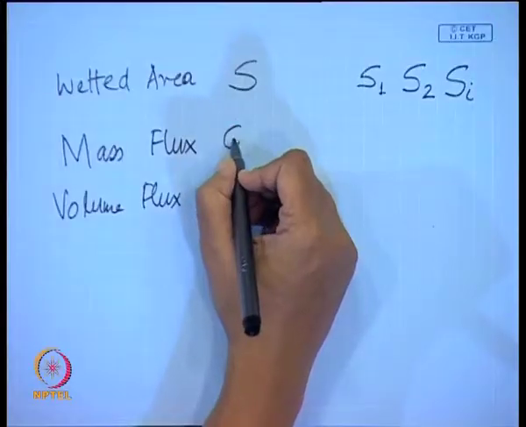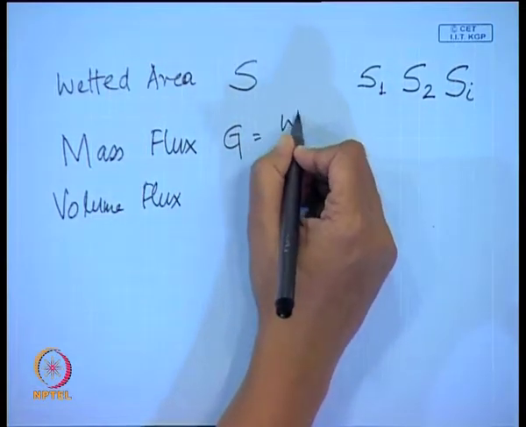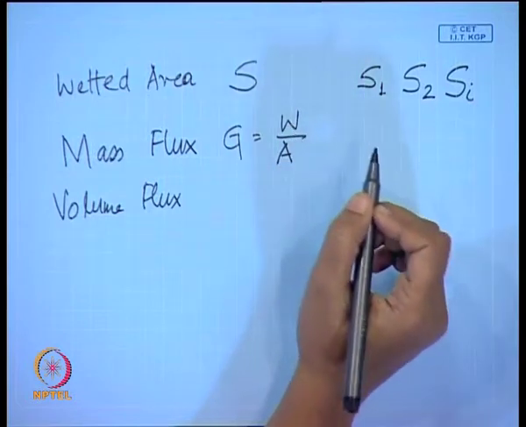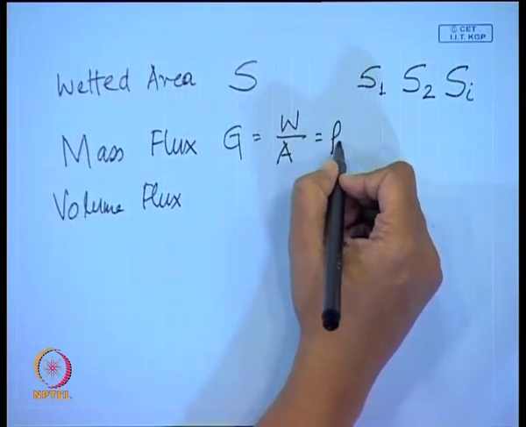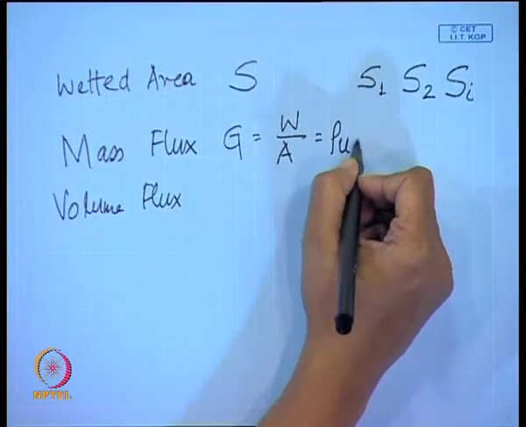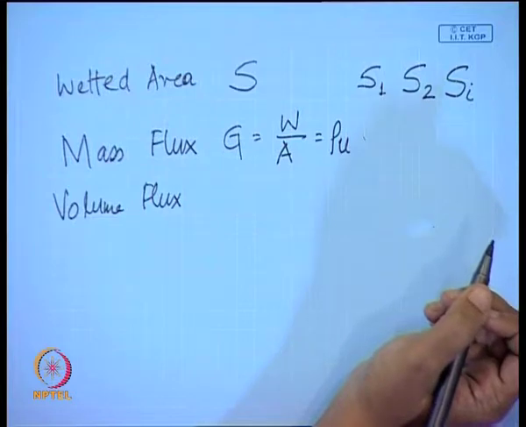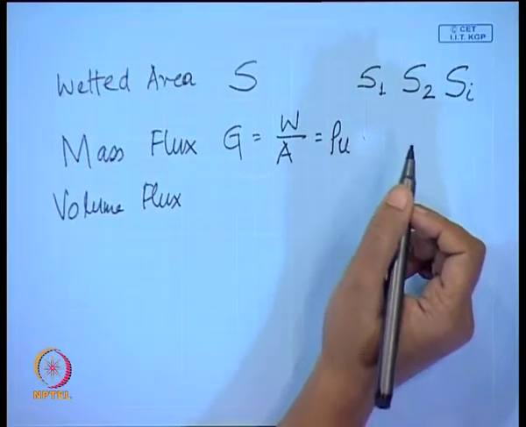So, mass flux we denote by capital G, nothing but W by A. What is W? In terms of velocity, if you write, then this is going to be rho into U into A by A. So, therefore, G equals rho U, isn't it? This relationship is also quite important, we are going to use it quite frequently.